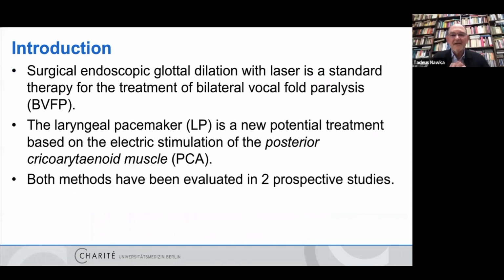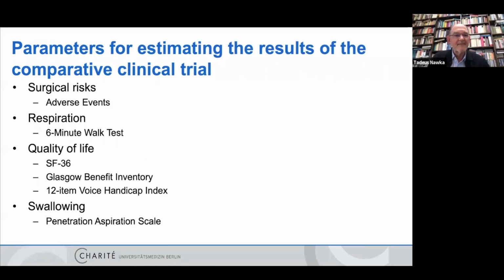The glottal dilation with a laser is the therapy of choice for the treatment of the bilateral vocal paralysis, but there is also a new potential to implant the laryngeal pacemaker and to stimulate the posterior cricoarytenoid muscle. And we have evaluated both methods in 2 studies.